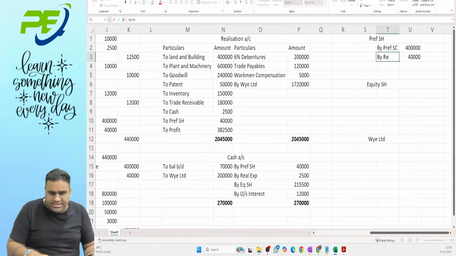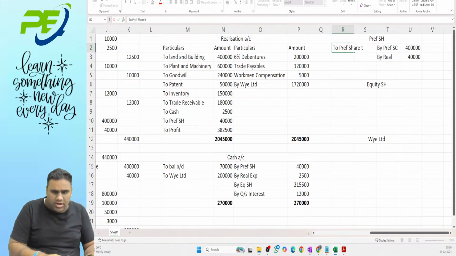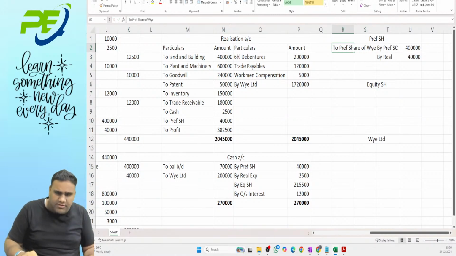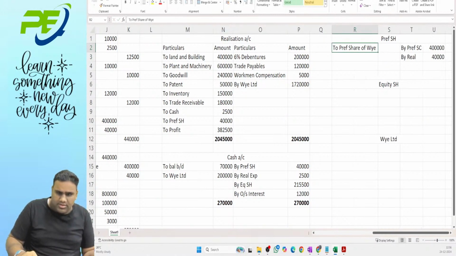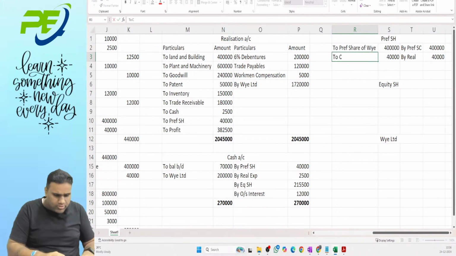By realization, 40,000. To preference shares of Y Limited, 4 lakhs. To cash.